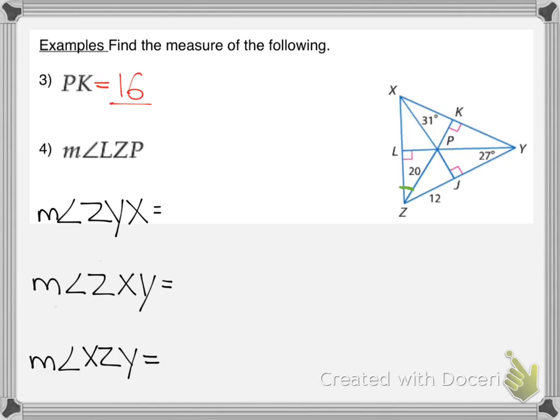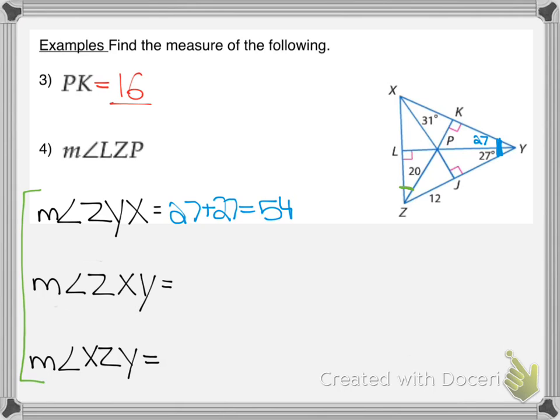Before we do that, I want us to find these angles first. So let's look at the first one. Angle ZYX would be this angle here. Since these are angle bisectors, if this bottom angle is 27, this one has to be 27 as well. So that whole angle has to be 27 plus 27, which is 54.